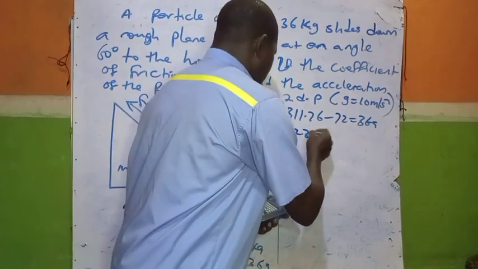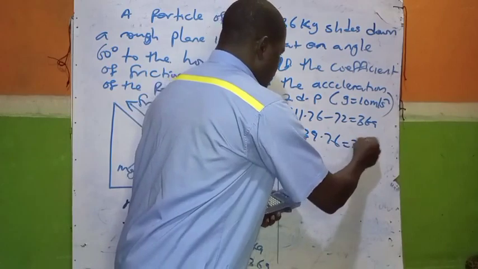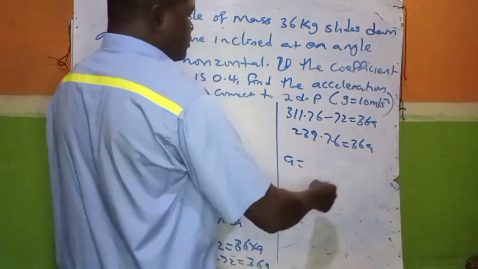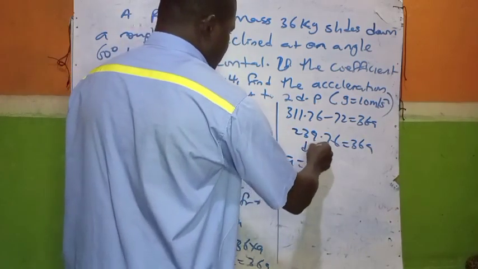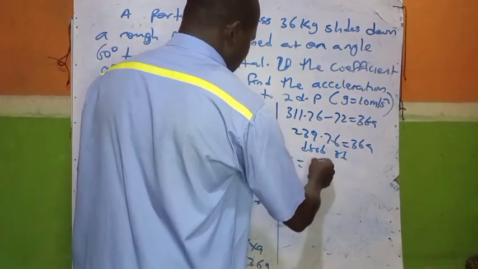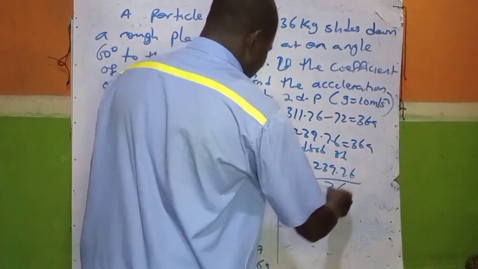So you have 239.76 equal to 36A. To find the acceleration, you divide both sides by 36, so you have A equal to 239.76 divided by 36.